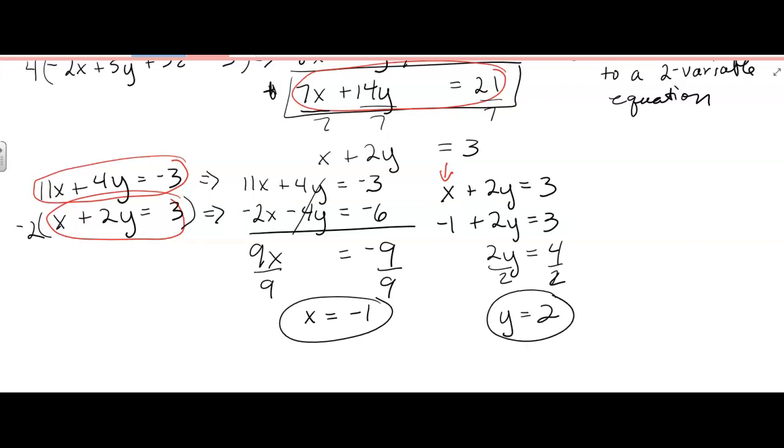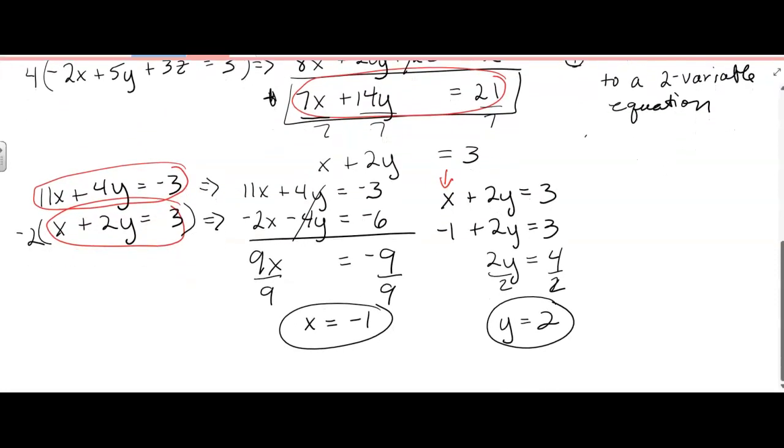Okay, so now I know what x is and I know what y is. Now I have to back substitute to a 3-variable equation. So this is step 5. Back substitute. It's like you're working your way back.